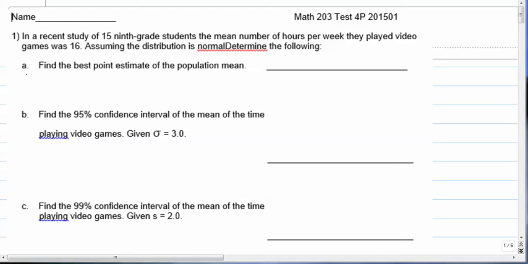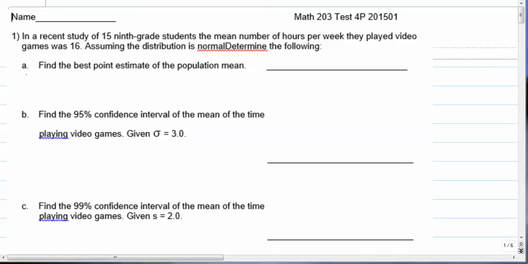So, here we go. Number one, a recent study of 15 ninth graders. The mean number of hours per week they played video games was 16. We're assuming that the distribution is normal, and we want to determine the following. What is the best point estimate of the population mean?